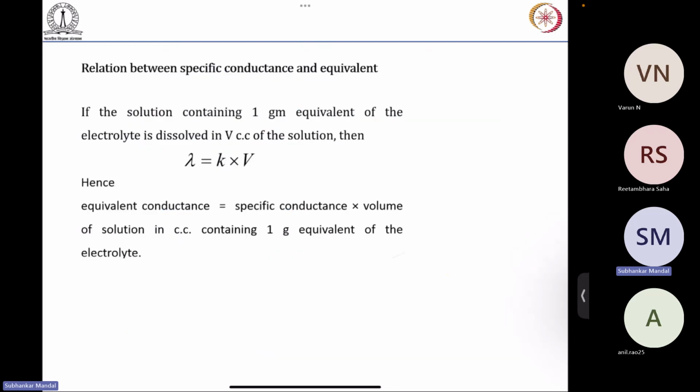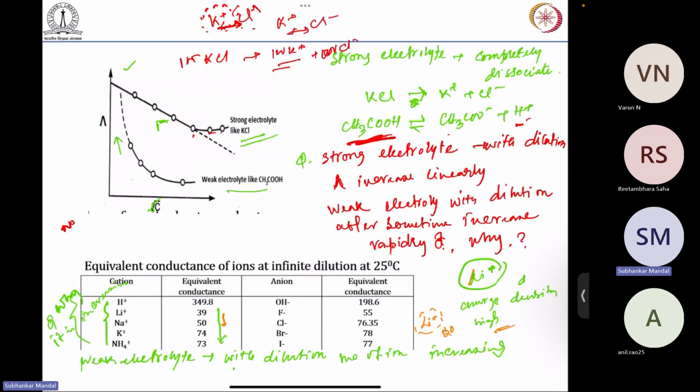Then the relationship of the lambda conductivity with the volume of the solution, and this is the lambda conductivity as a function of concentration, where you can see this is for a strong electrolyte and this is for a weak electrolyte.